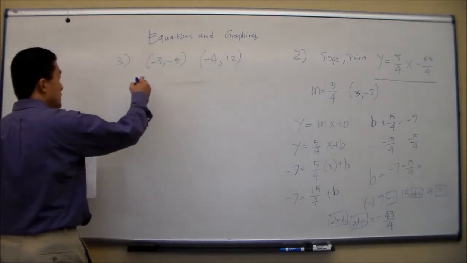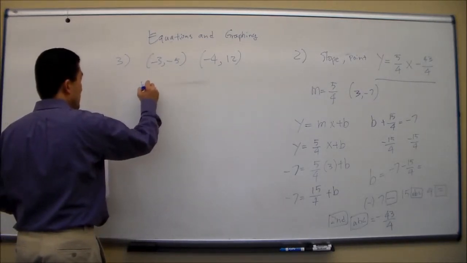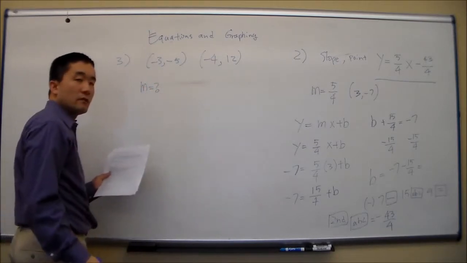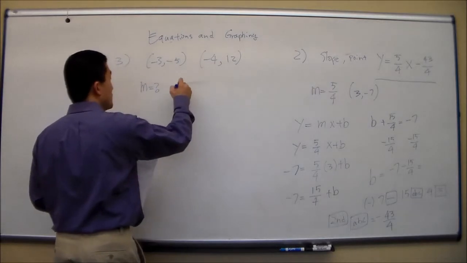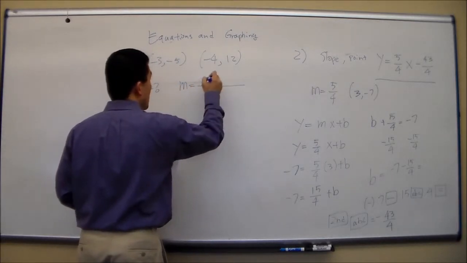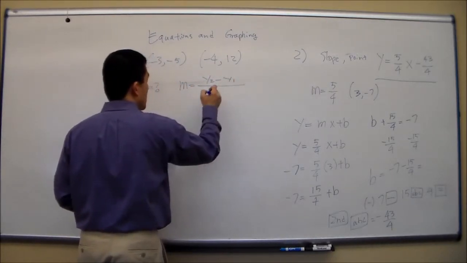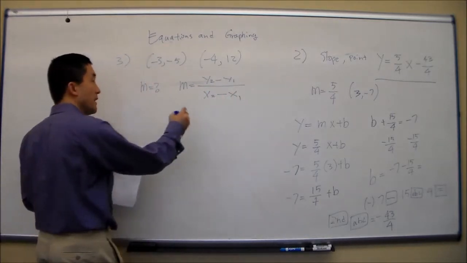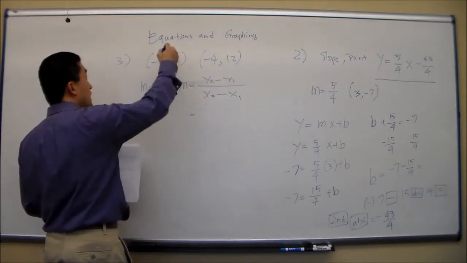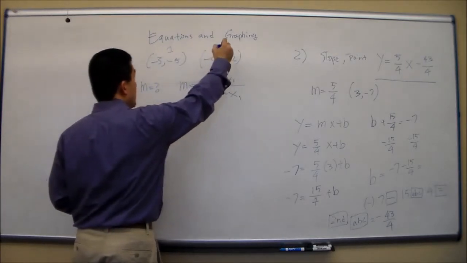The steps are, first, you figure out the slope. Remember the formula for the slope, which is y2 minus y1 over x2 minus x1. I'm going to label this as the first point and then the second point.